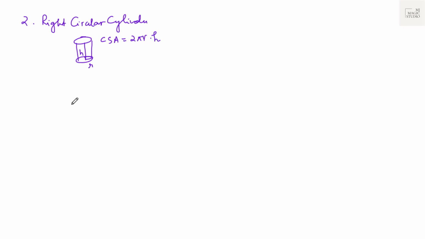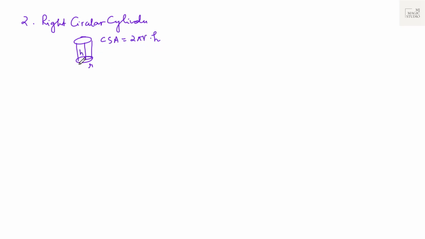Moving next, we will take up right circular cylinder. So that is the radius and height. Curved surface area is perimeter, 2 pi r, into h. This you should also remember how to generate the formula.